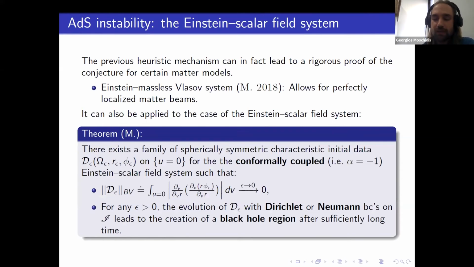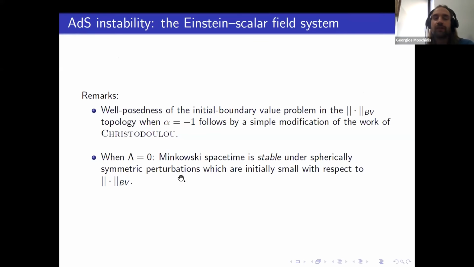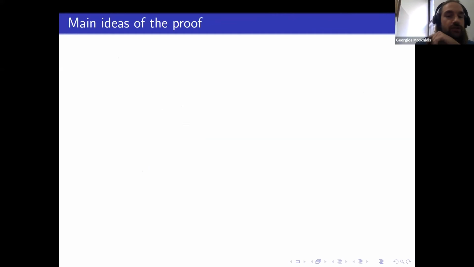So in the absence of confinement, that result of Christodoulou tells you that no instabilities appear. Those two remarks are here to convince you that choosing the BV norm to measure the size of initial data is good enough to study this conjecture.